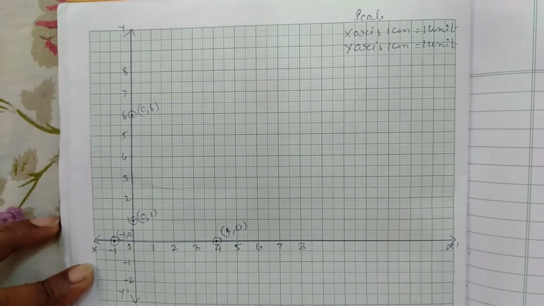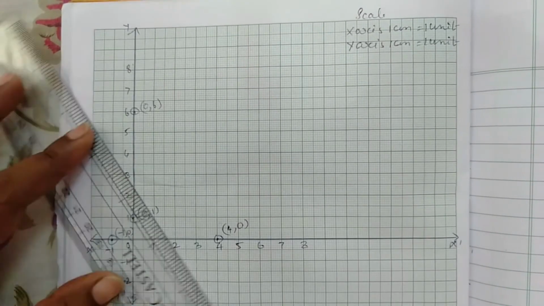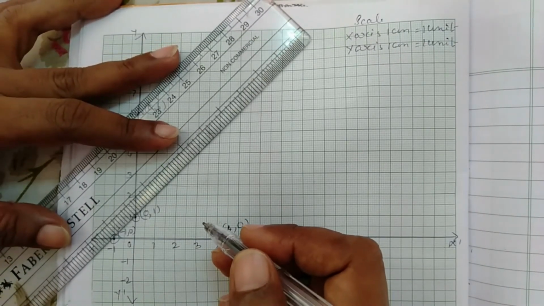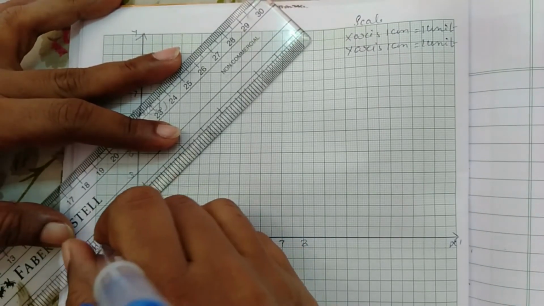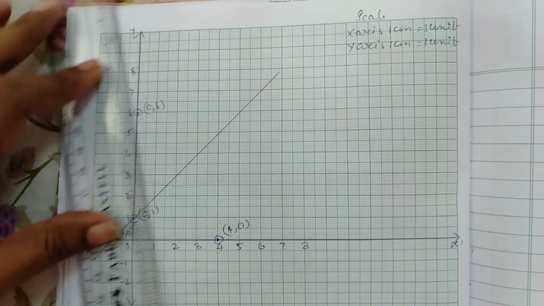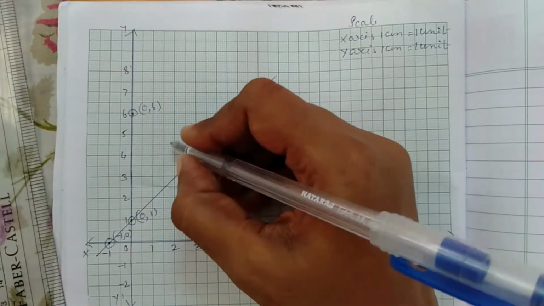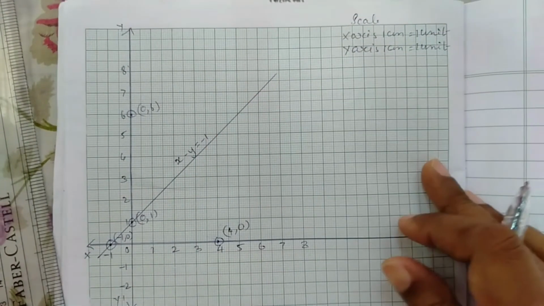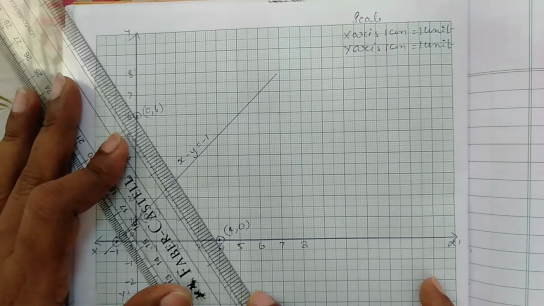Okay, let's join the first line. The equation is x minus y is equal to minus 1. Same here for the second line.